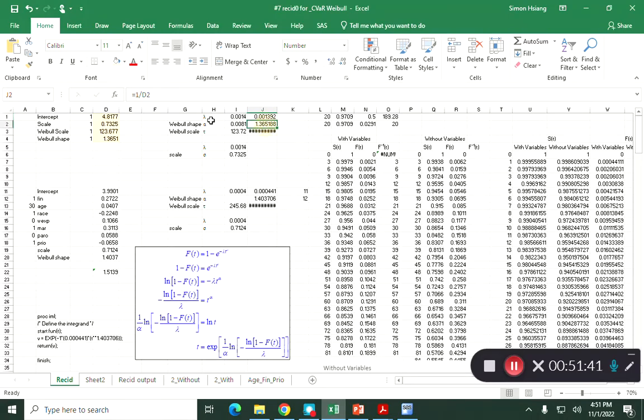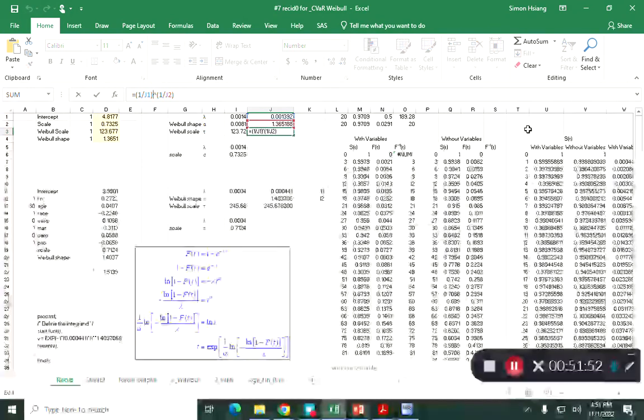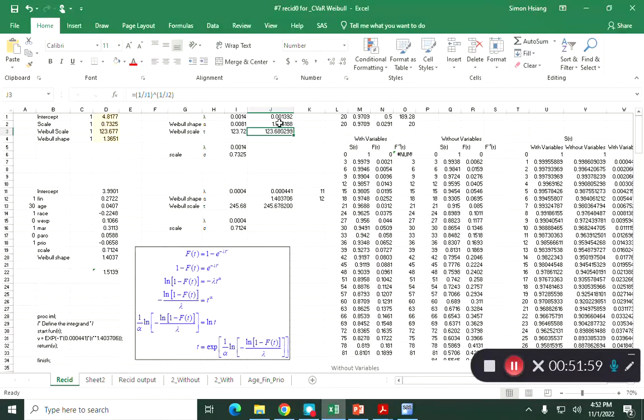And my Weibull shape parameter, 1.36, is 1 over the scale parameter. Okay, so here I'm showing you how I use the SAS output to get my parameter output. Good or no good? I give you the Excel.